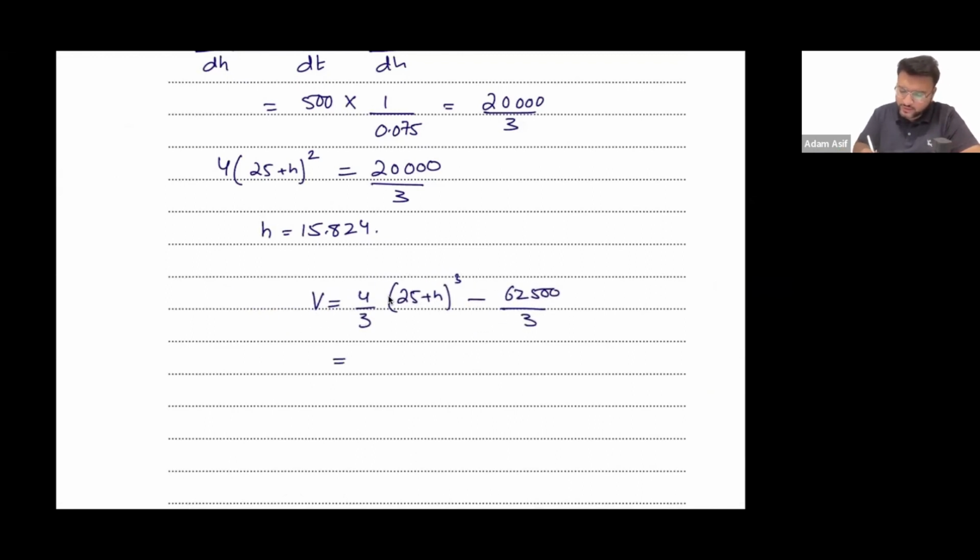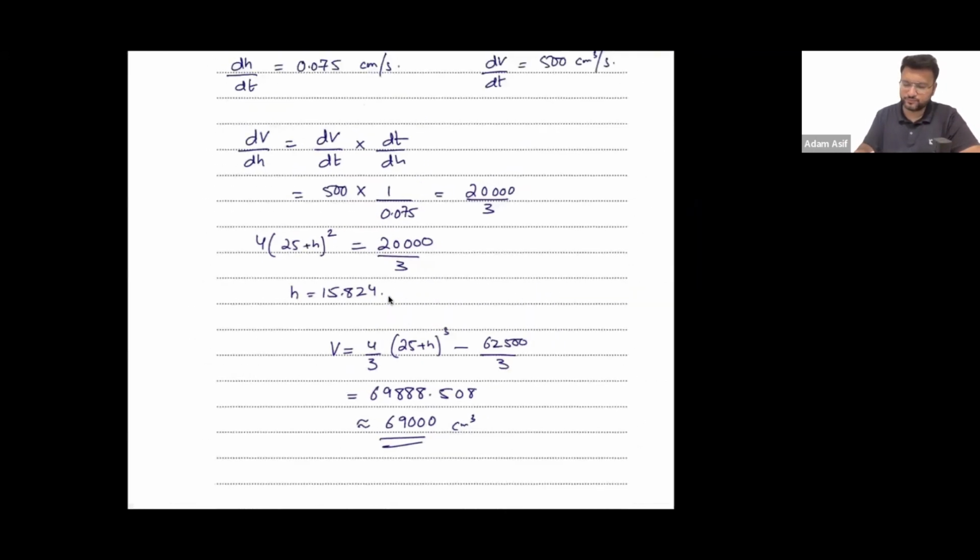So plug in h as 15.8 over here in this function, plus 25 cube multiplied by 4 divided by 3, minus 62,500 divided by 3. You get 69,888.508. Three significant figures, 69,000 centimeter cube.